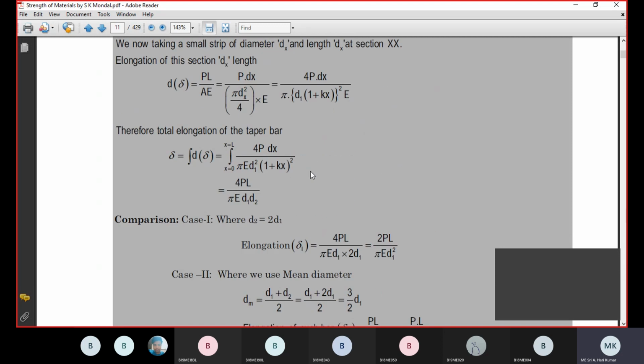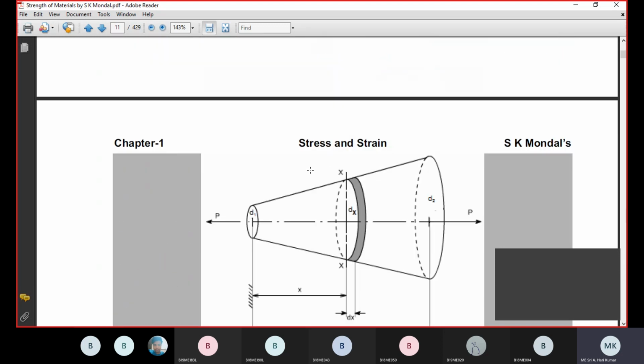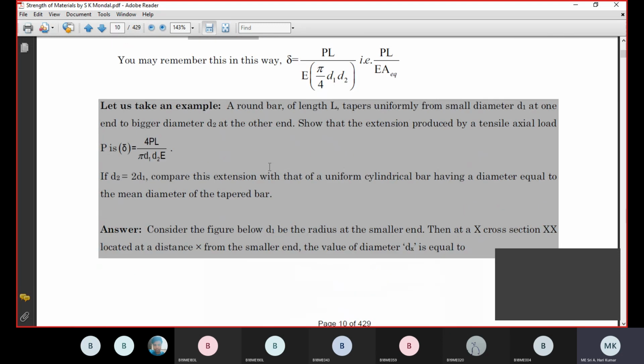Actually, I didn't read the question. It says show that the extension produced by tensile load is 4, so we have to prove the same. Don't worry about any derivation part, because we are not writing any conventional type paper in GATE. Maybe in IES you might be asked such a question.